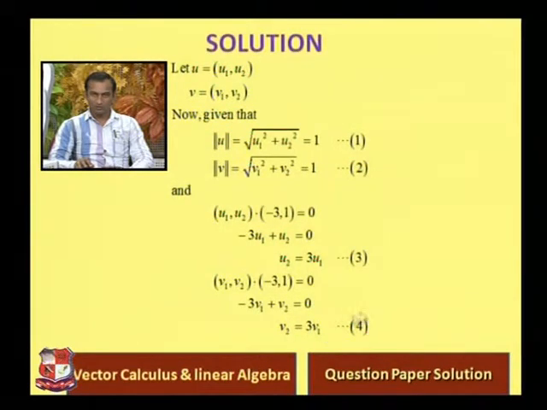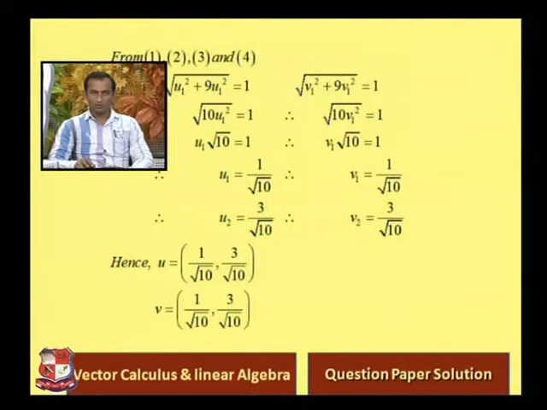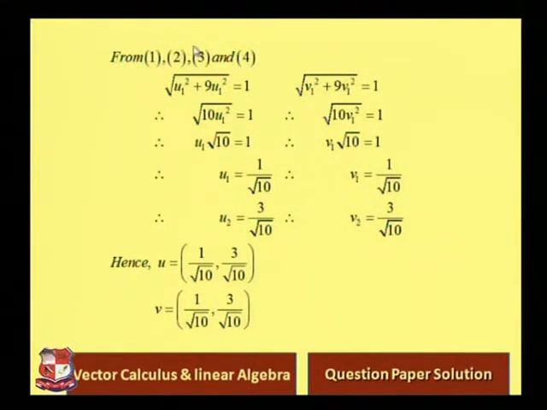Now using these numbered equations 1, 2, 3 and 4, we solve and find u1, u2, v1, v2. From 1 and 3, the square root of u1 square plus 9u1 square equals 1, because from equation number 3, u2 equal to 3u1, so u2 square is 9u1 square, and from 1 it is u1 square plus u2 square.